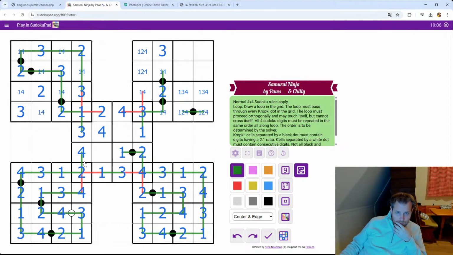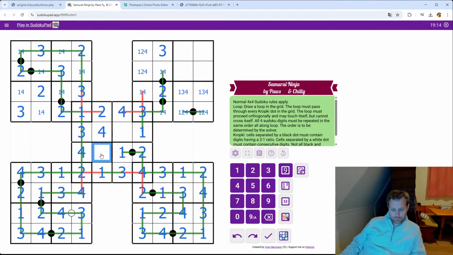So 3, 1, 2, 4. And then this could be a 3, but then we close the loop. So it must go there. Then that's a 2. We can solve this. Oh no, wrong button. 1, 4, 1, 4. So this is now done.